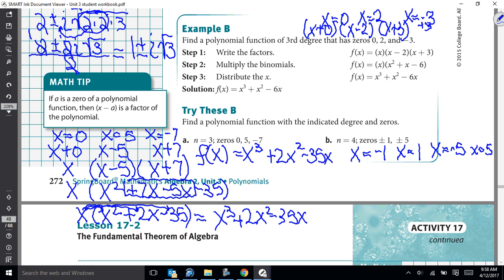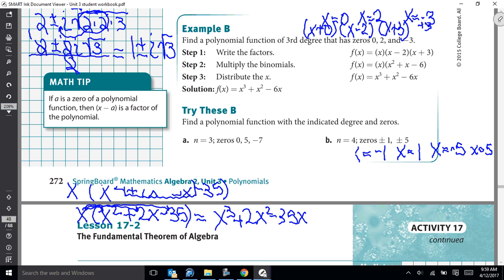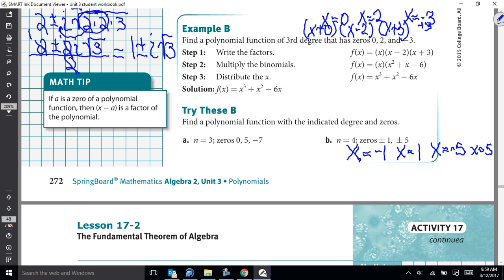All right, may I erase this because I'm going to need a little more space. All right, so what are my parentheses here?